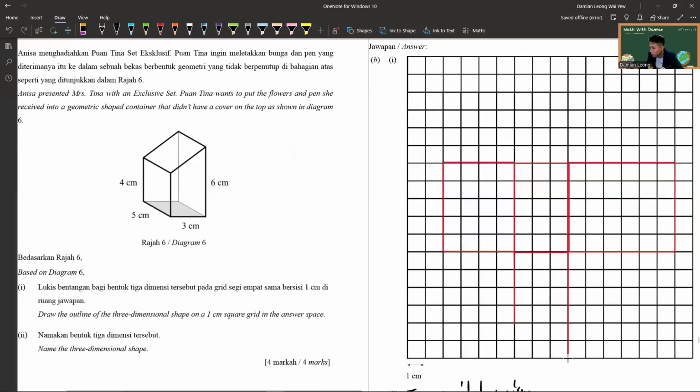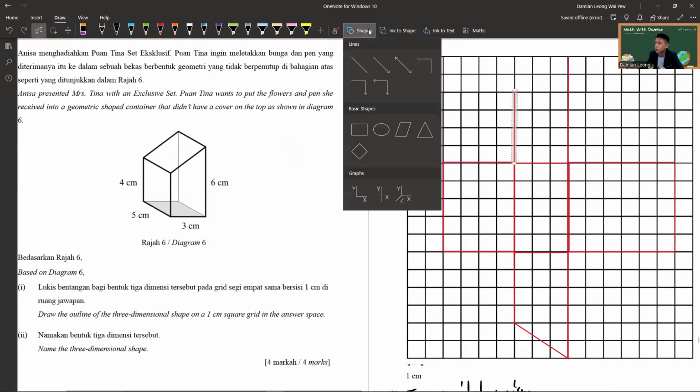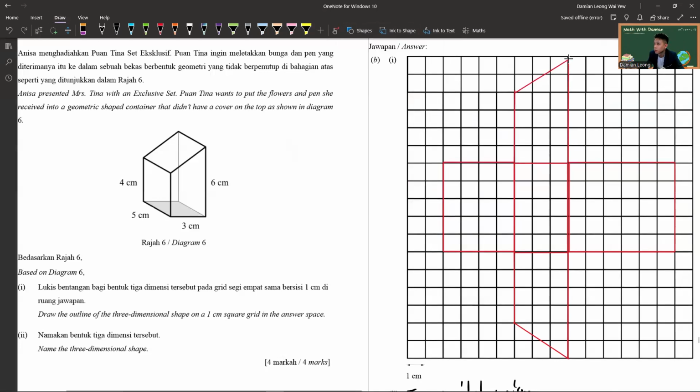Here would be the 6 cm. Then starting line, we just connect. Same goes this side. 6 here. And 4 here. Yeah, starting line just connect.